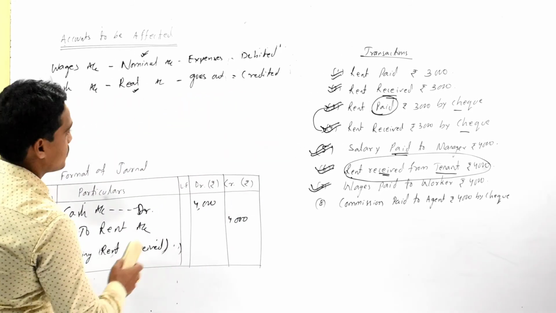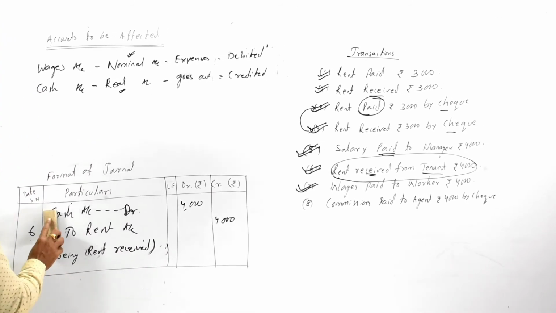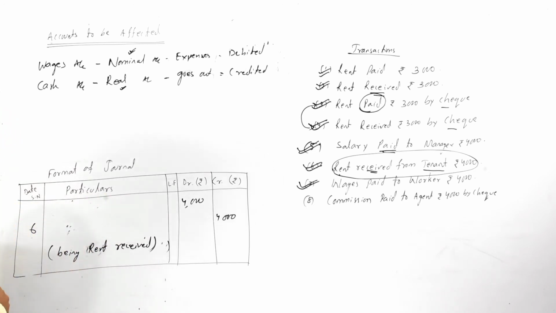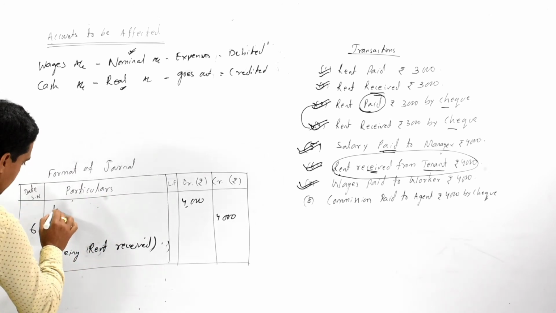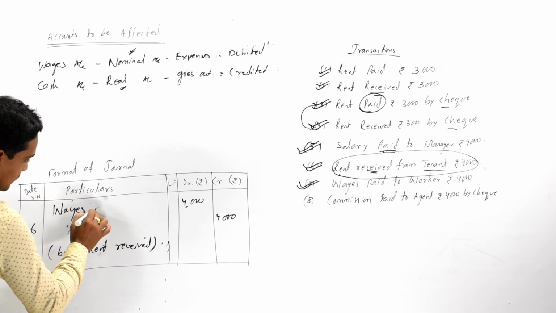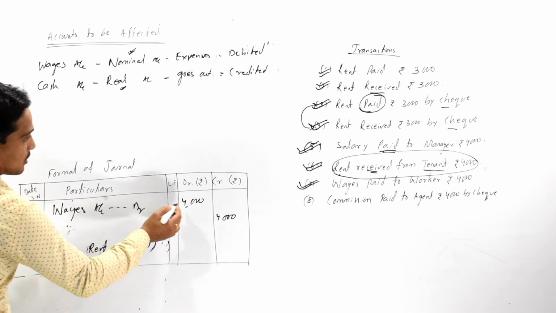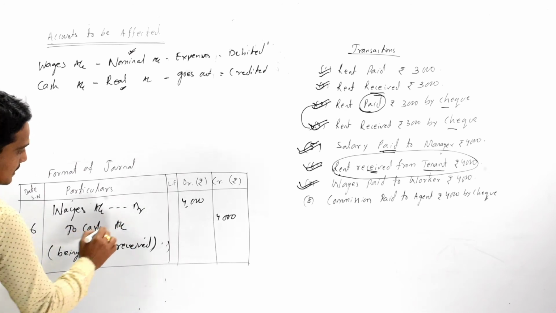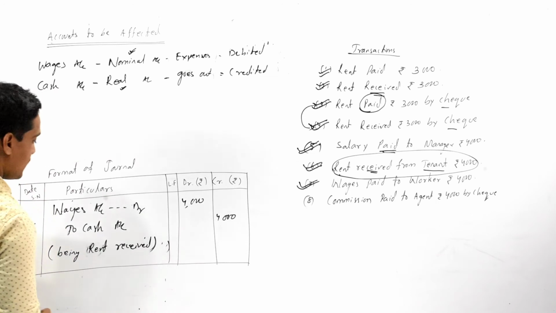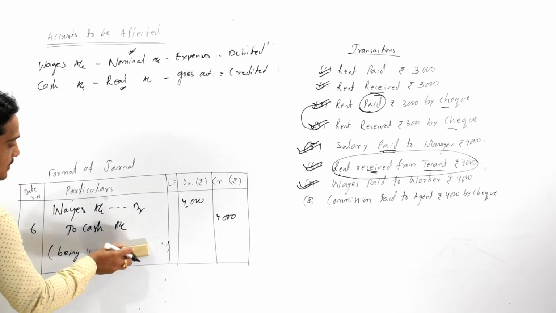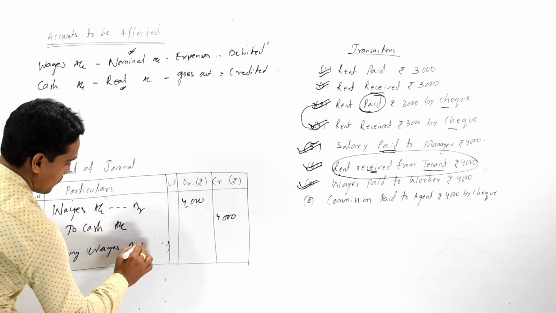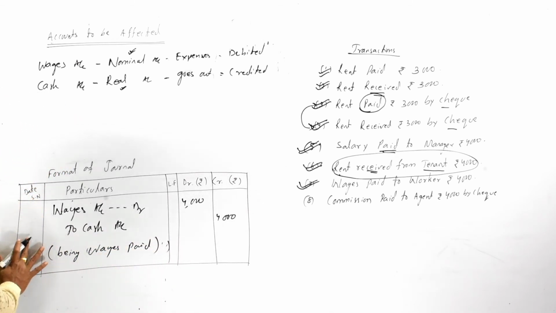So our journal entry of the seventh transaction, that is wages paid to worker, is wages account debit 4,000 to cash account 4,000, and our narration is being wages paid, and the serial number should be 7.